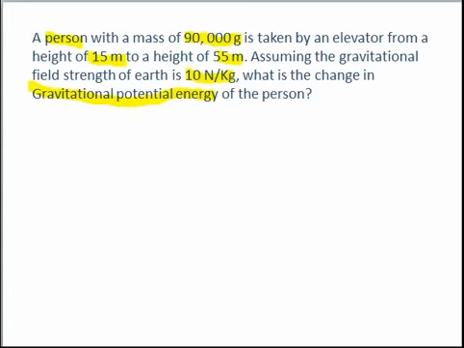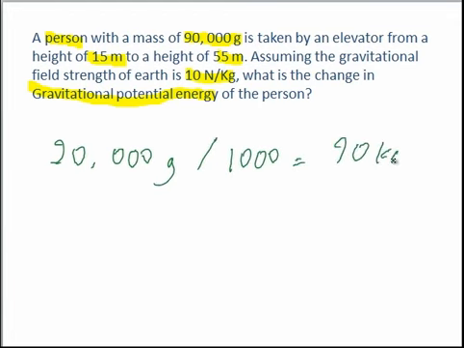So in this question, there's two things we need to consider before we start banging numbers in. Firstly, the mass of the person is in grams, but we want it in kilograms. So it's a simple conversion. 90,000 grams divided by 1,000 equals 90 kilograms.